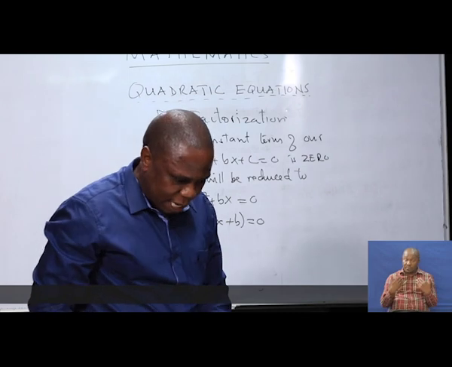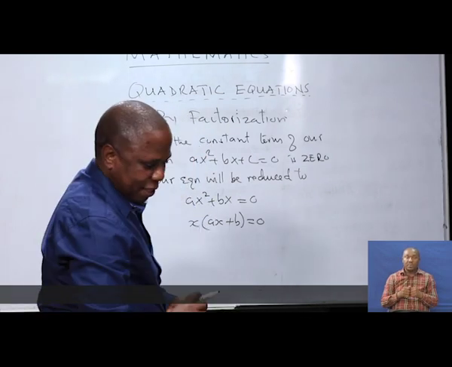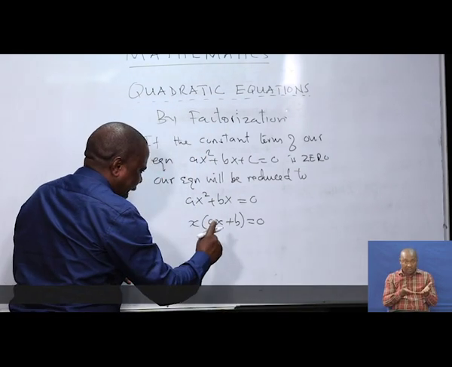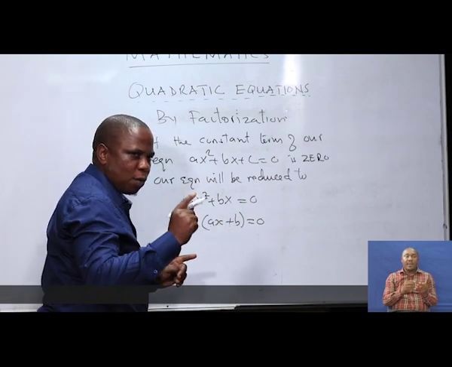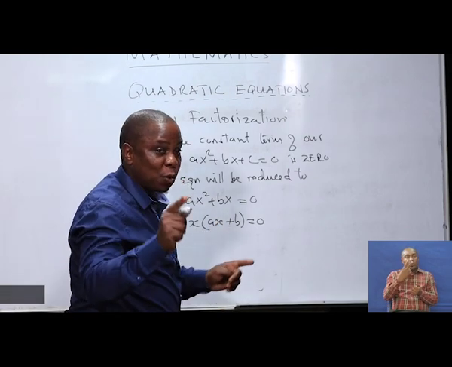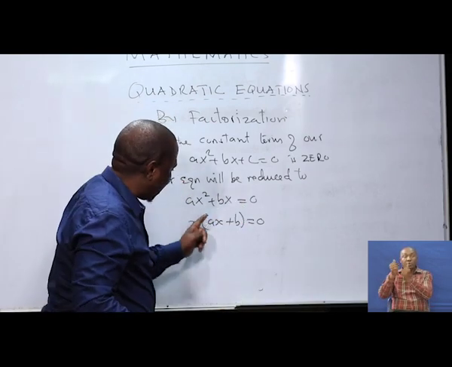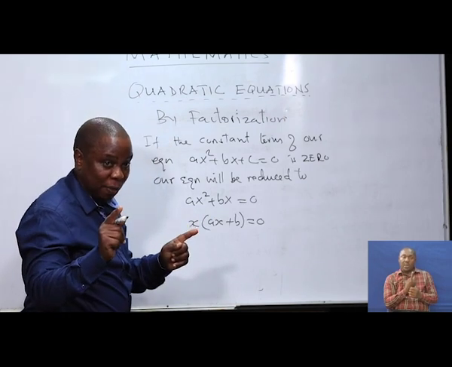So, note that. This means for a product of two or more numbers to be 0, at least one of the numbers should be 0.